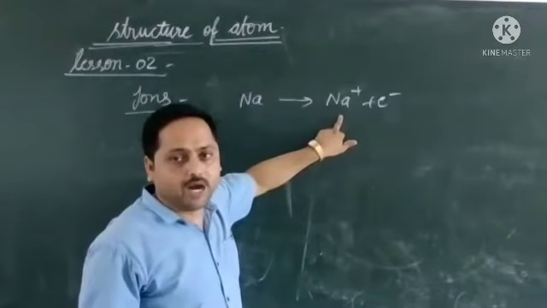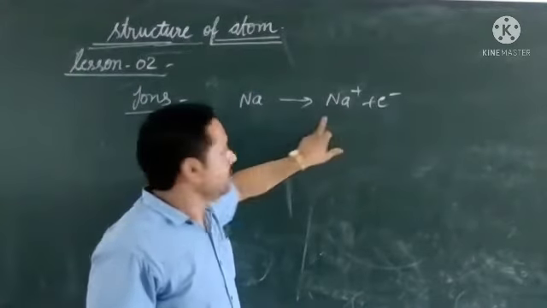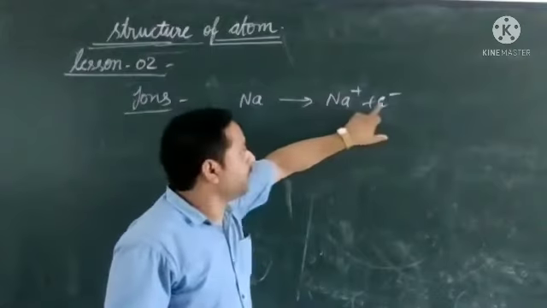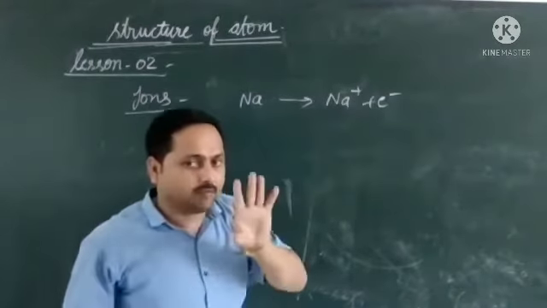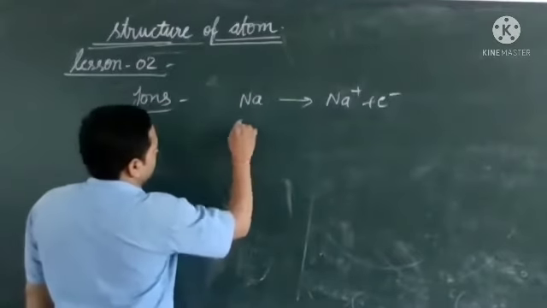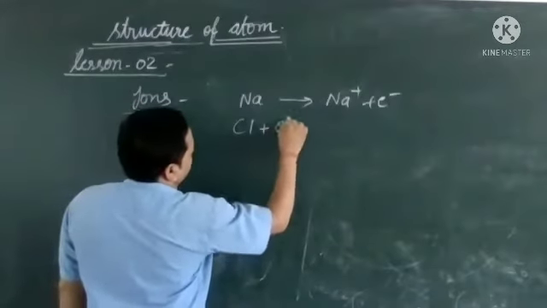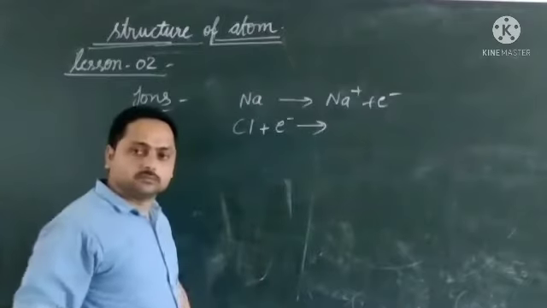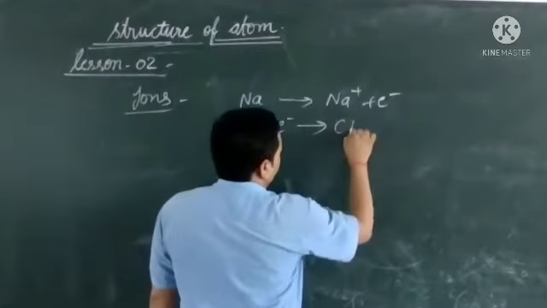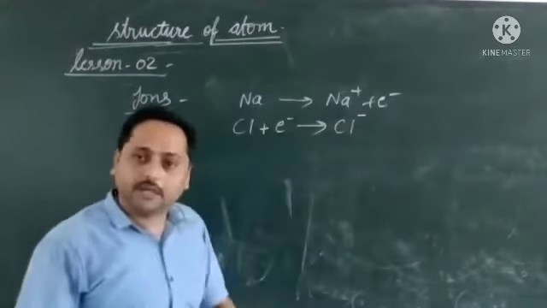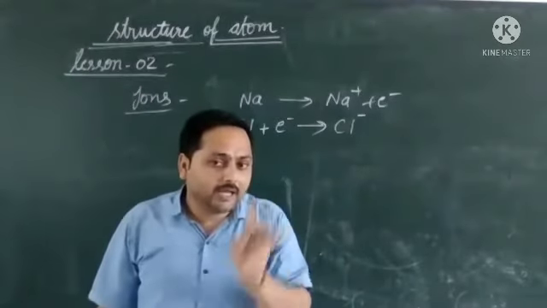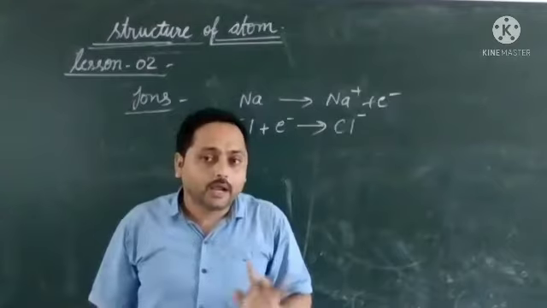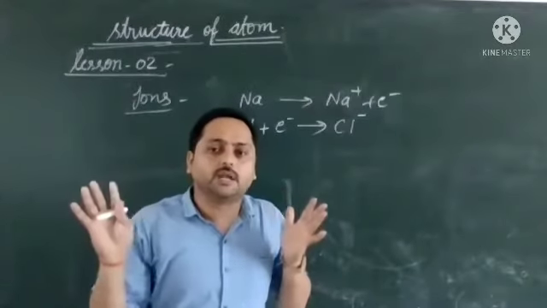That is a sodium ion. Sodium has lost one electron, so it is positively charged. In the other process, Cl is here and it is gaining one electron, so it will be a negative ion. So how can we define it? Ions are formed by gaining or losing of electrons.